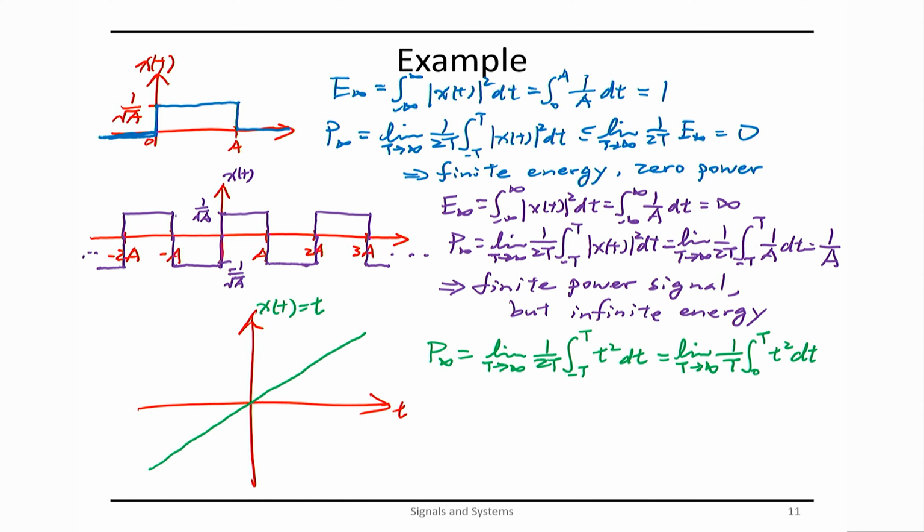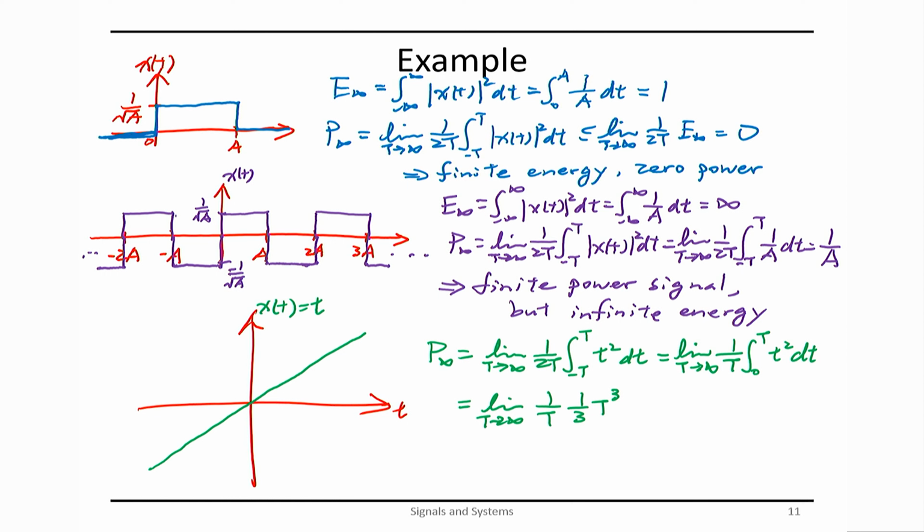So if you work out this integral, you will get the limit of 1 over T times 1 over 3 capital T cubed. Okay? So you can cancel out one of the T's from up here, right?